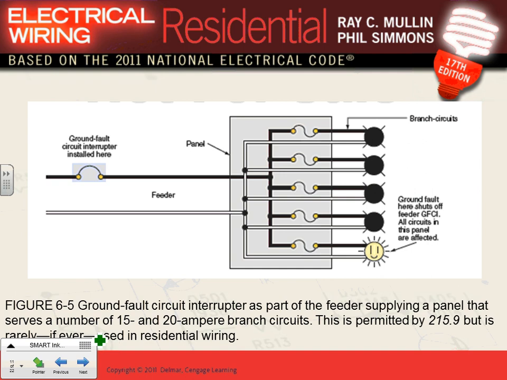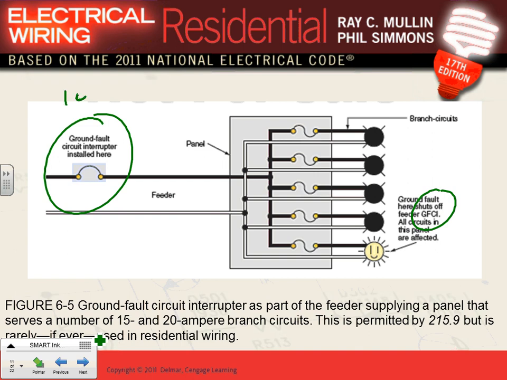The code allows you to have a GFCI on the feeder. Actually, we don't use it commonly. We typically in the US use a lot of GFCI directly in the devices. Now, believe it or not, Joe, my friend, that's how I wired in Jerusalem myself. They allow you there to put the GFCI right in the feeder.